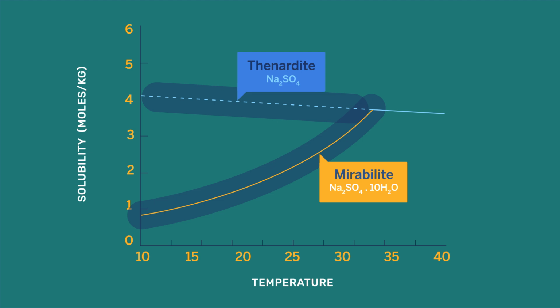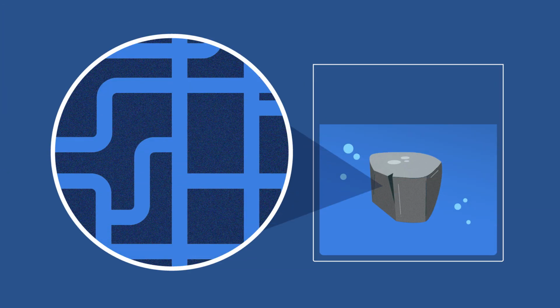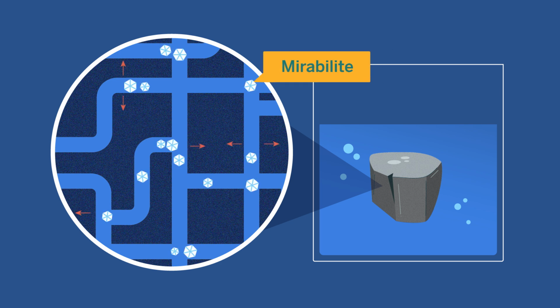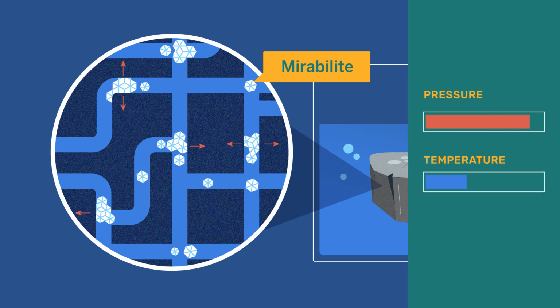Therefore, the solution is highly supersaturated with respect to mirabilite because of the dissolving thenardite. Precipitation of mirabilite causes crystallization pressures that are increasingly large as temperature decreases, explaining why damage is more extensive when rewetting occurs at low temperatures.